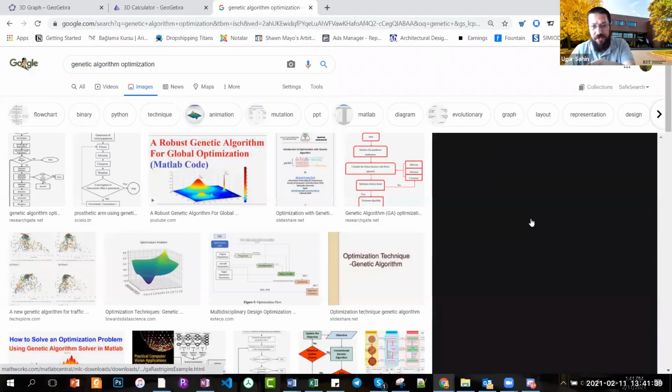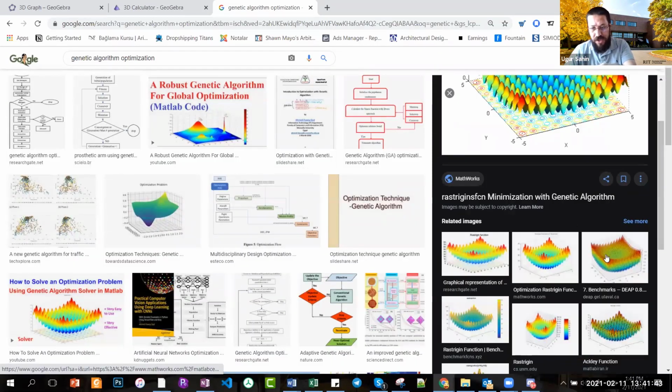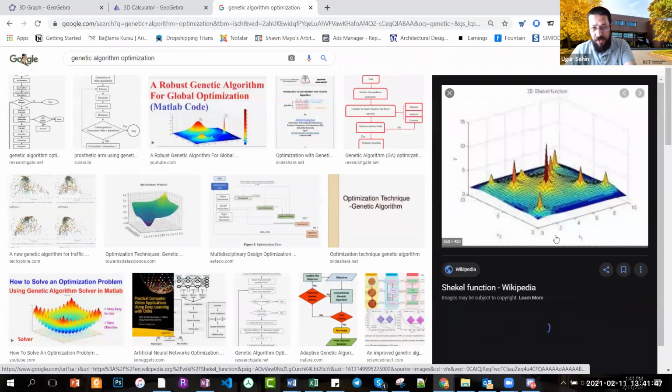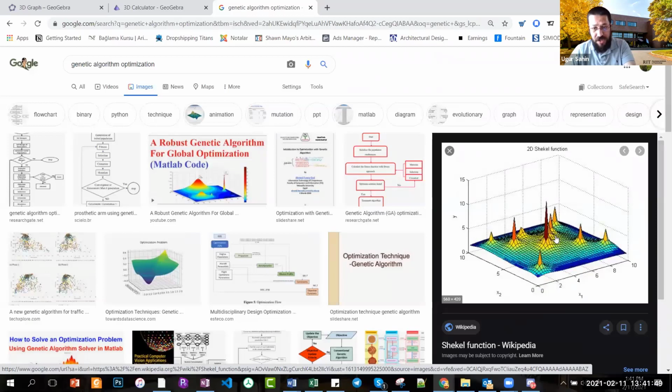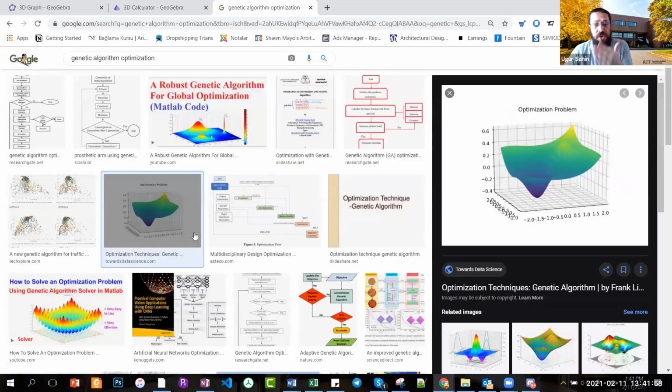And then also this one, for example, this is another one. Rastrigin, yes, Rastrigin. This is another famous one. This one, Schwefel. You see, there are lots of different shapes, actually. We know what some of them are exactly, but there are some we don't know exactly, their shapes, their mathematical representation.